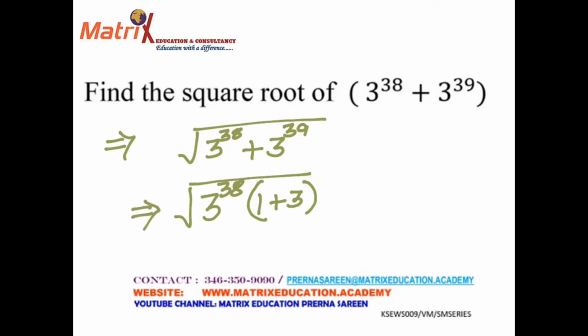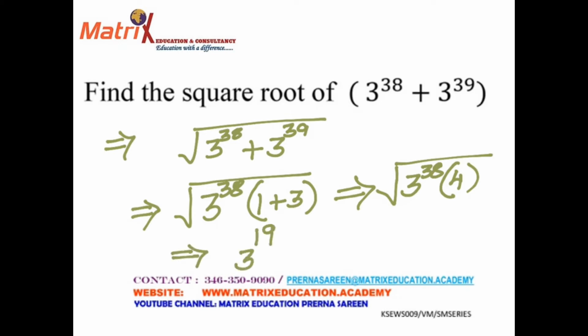Now you know that I can actually write it like this: 3 raised to the power of 38 times 4. Now the power is even, which is 38. So that means I can rewrite this as 3 raised to the power of 19, because this is a square, and the even powers would be the squares.